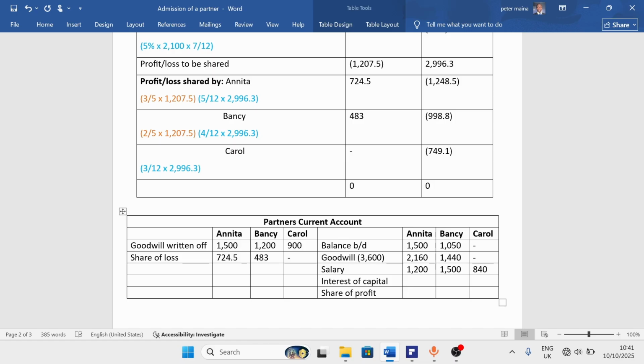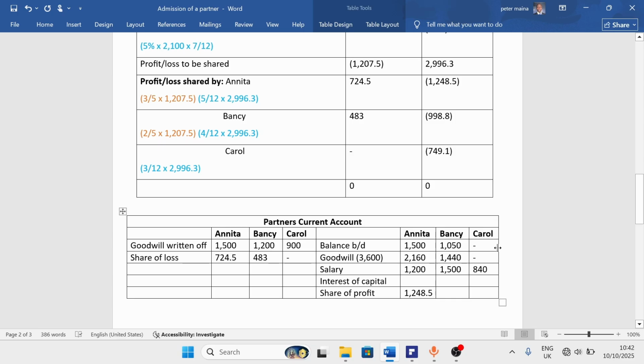Anita, the share of profit for the second period was 1248.5. Bansi, her share of profit was 998.8, and Carol, her share of profit was 749.1.